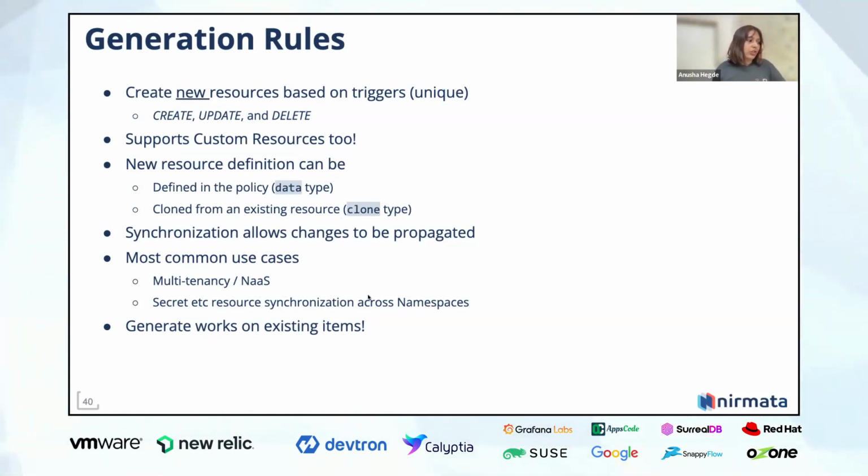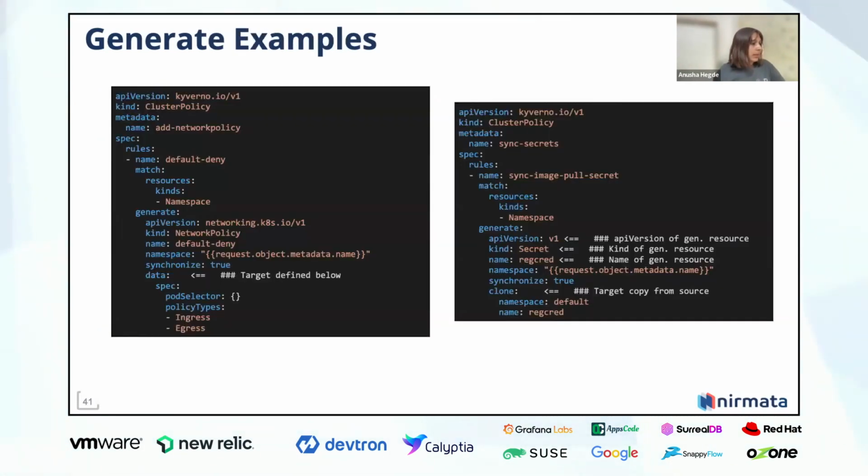With this clone feature, if you want a single secret to be copied over or synchronized to other namespaces, you can use that as well. And it works on existing items too. We saw a particular field when we were exploring different fields in a cluster policy: generateExisting. If you set that field to true, it also generates these different resources for your existing resources as well.